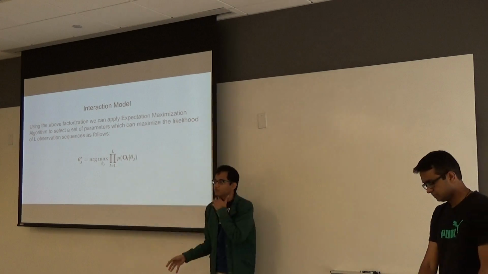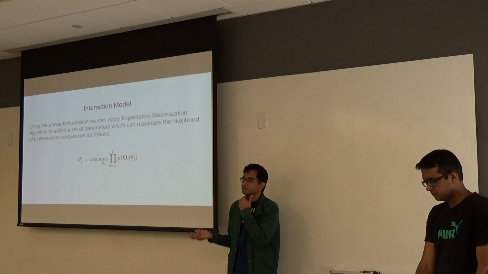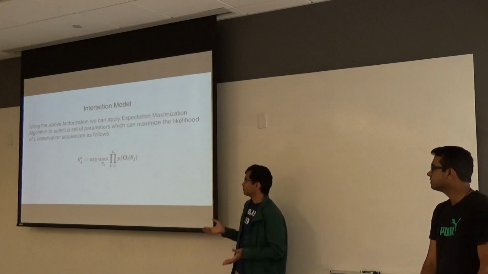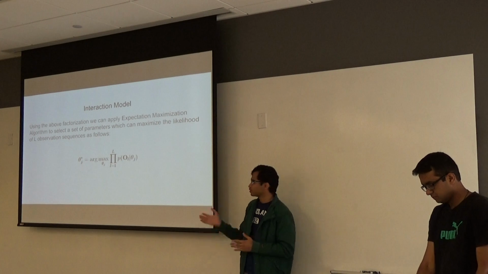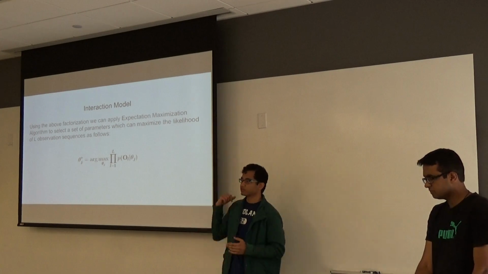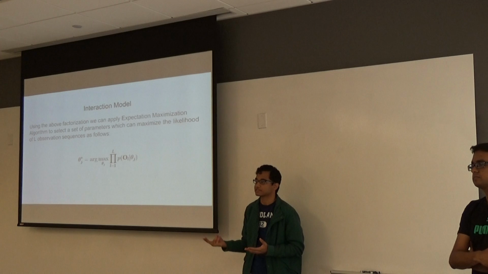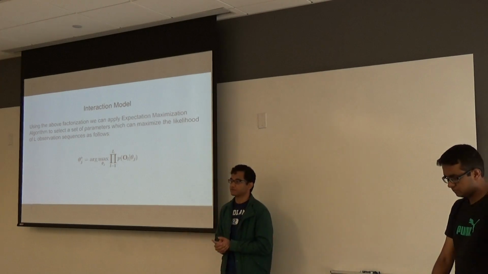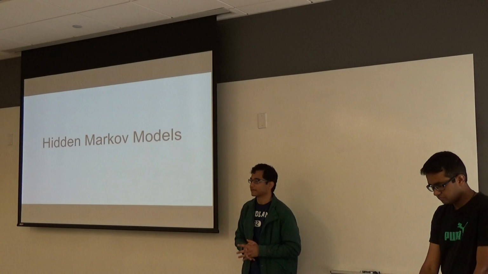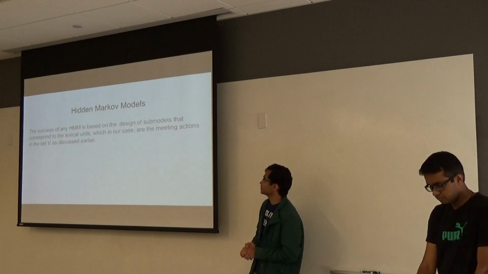For doing that, as we do generally for HMMs, we introduce a state variable, and we factor this joint distribution into two separate distributions, and we can then apply expectation maximization and come up with a hidden Markov model that will correctly give us the actions.